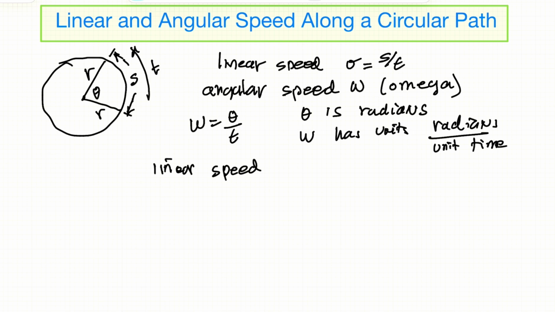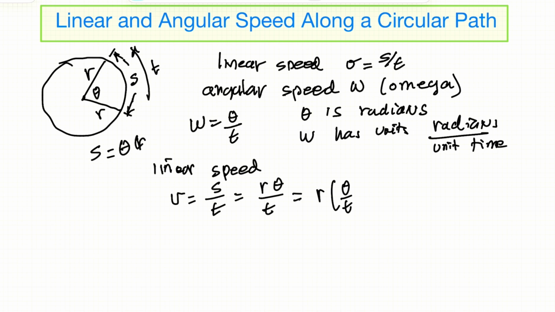So we can write this linear speed now in terms of this. The velocity or linear speed is equal to distance divided by time. Now we know from previous work the distance traveled is theta times the radius. So we know v is going to be r theta divided by t. We can rewrite this, rearranging, so it's r times theta over t.